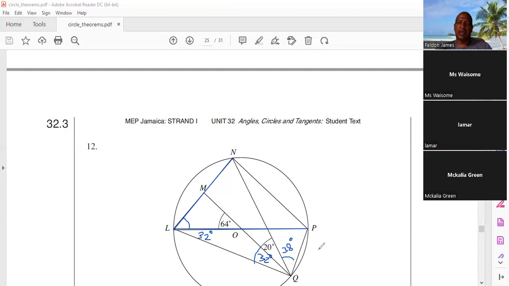What else do you know that would help us there? We could calculate this angle. What would this angle be? Because we know that this is 32 and this must add, 32 plus this should give you 90. 32 from 90 would give you, that would be 58.